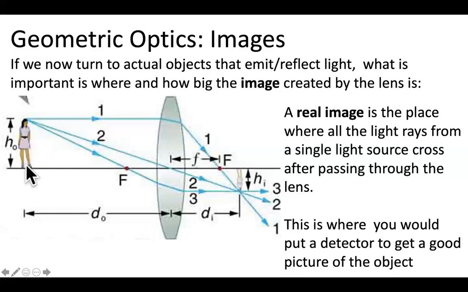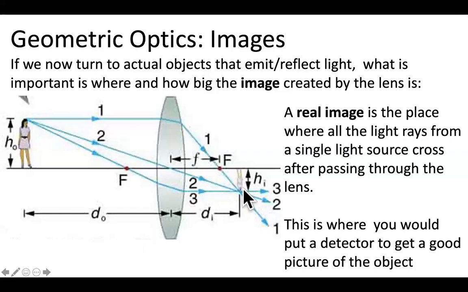Similarly, if you look at where, for example, this is a picture of a person, the light from the person's head all ends up here. The light from the person's feet actually ends up here. This is, again, a place where you can put a detector element like a CCD or a retina to make an image of this.